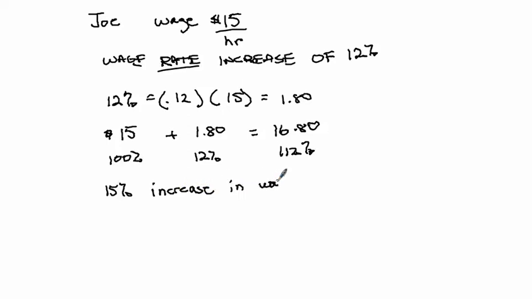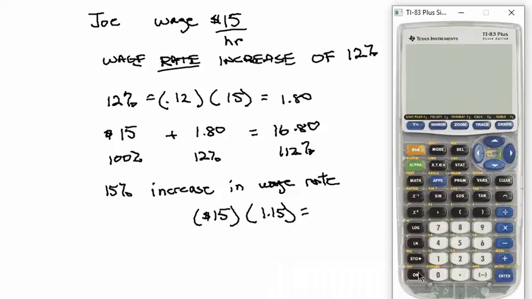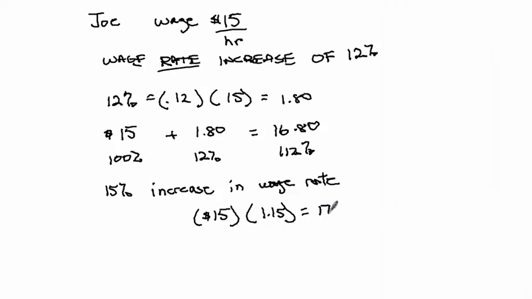In wage rate. So I would take that 15, which is his hourly rate, $15, and to find out the new amount, I would simply multiply by 1.15. Okay, doing that, I would simply go 15 times 1.15, and so my new wage rate would be $17.25.